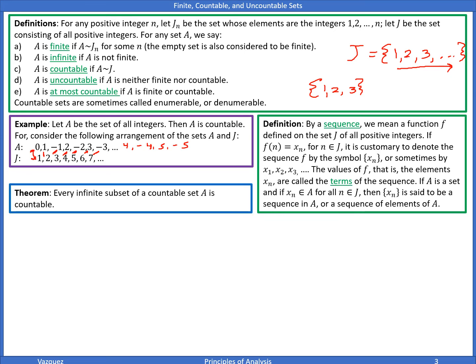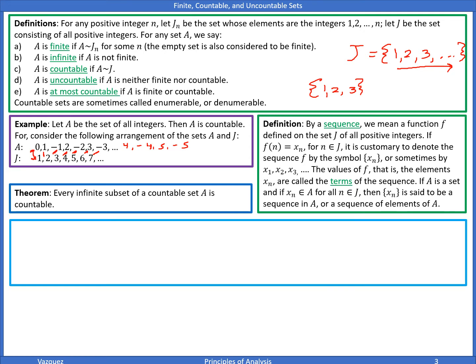But we come up with a theorem that says every infinite subset of a countable set A is countable. I mention subsequences because we will be using them to prove this.